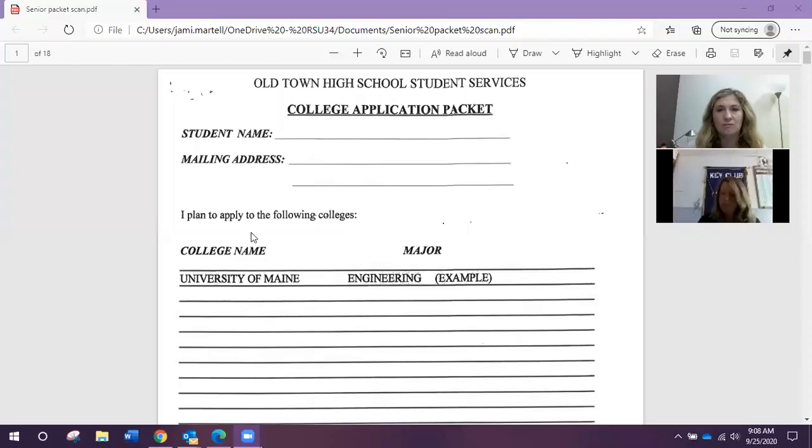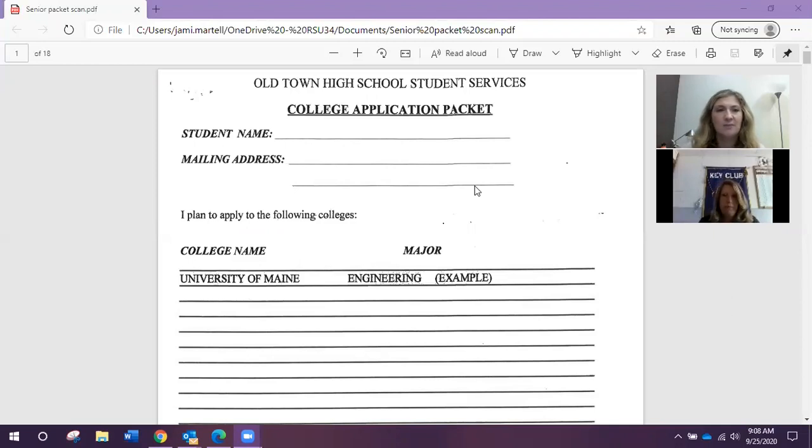Yep, and I'm going to share the screen real quick. Okay, so the packet is up and you should be able to see that would be the first page on the left side of your packet once you get your folder.